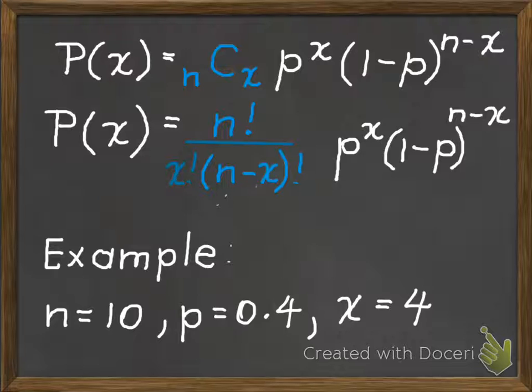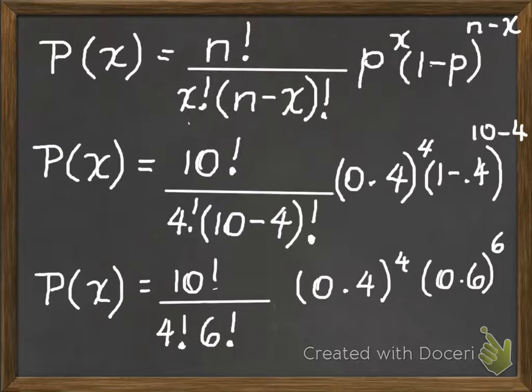So on the next step, we're going to simply plug in the 10, the 0.4, and the 4, the values for n, p, and x. So when we plug it in, you see on the middle line what it would look like.